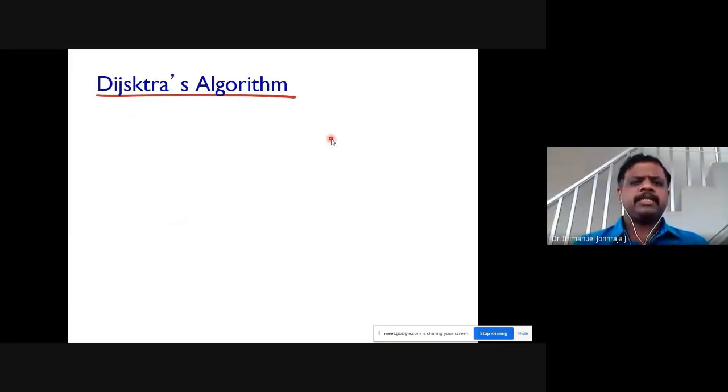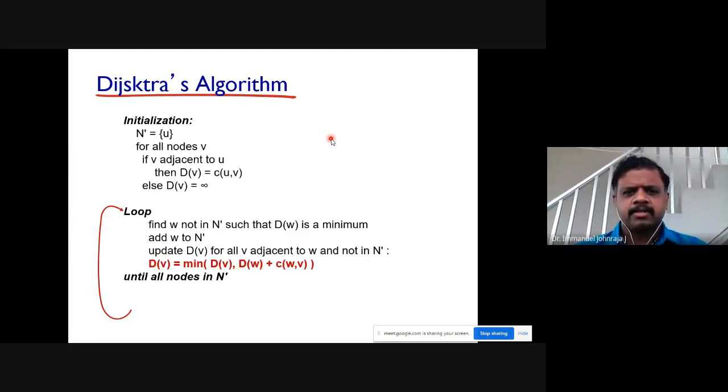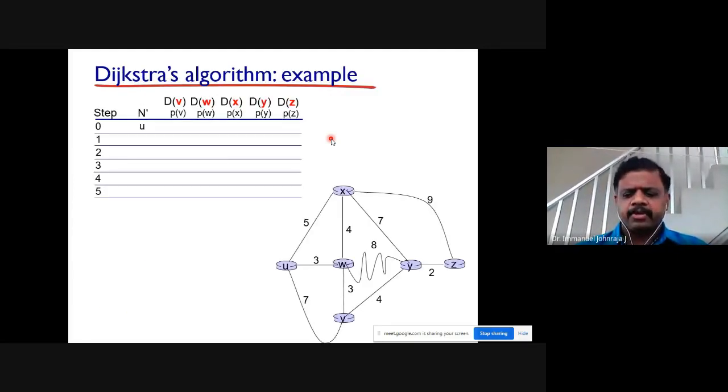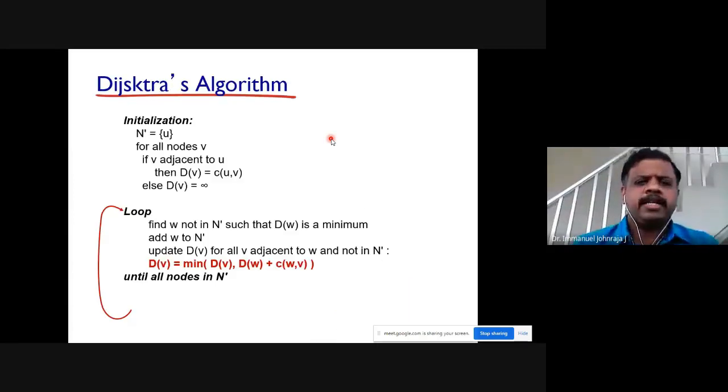So we'll see Dijkstra's algorithm. The first phase is initialization, not a complex one. A very, very simple walkthrough algorithm, but it requires your concentration. Initially, N dash will contain the set of nodes whose least cost path is known.